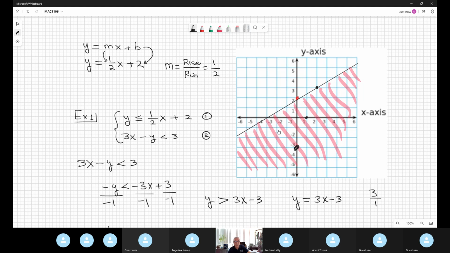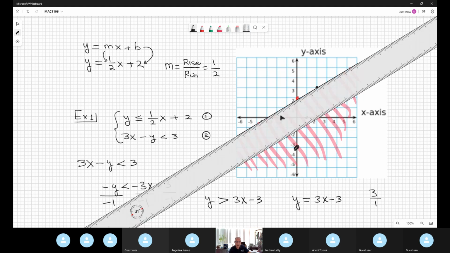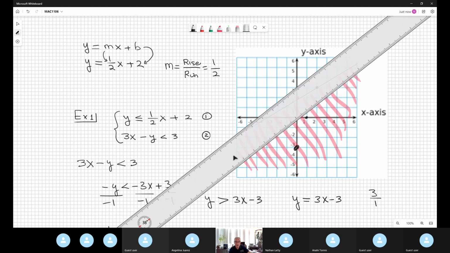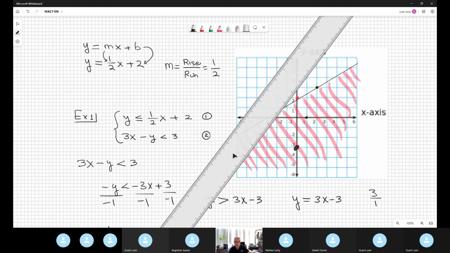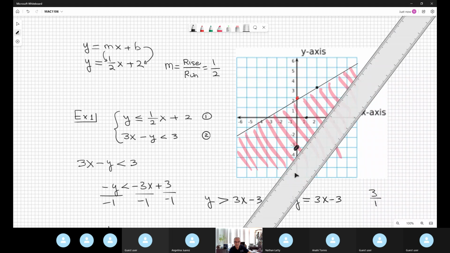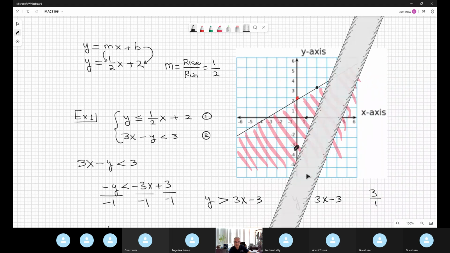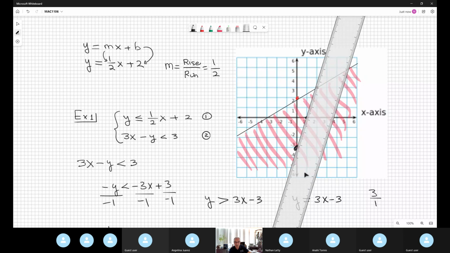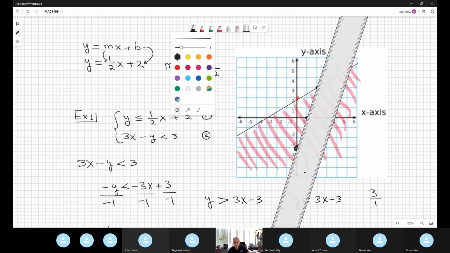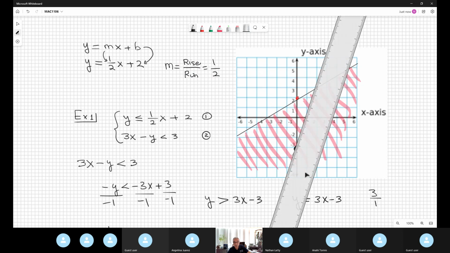So one more time, I use the rule. But in that case, the line I'm drawing is a dotted line, because my inequality is a strict inequality, with no equal sign. That means that the boundary between the two half-planes is not included inside the solution.